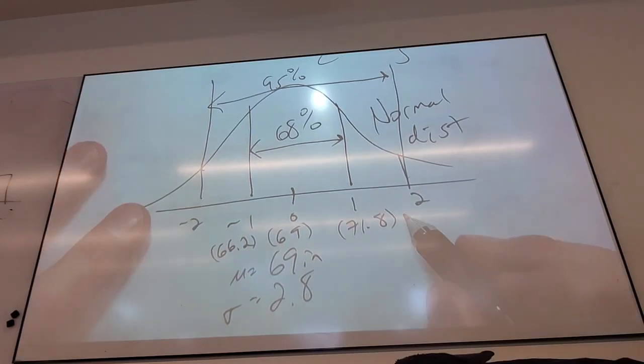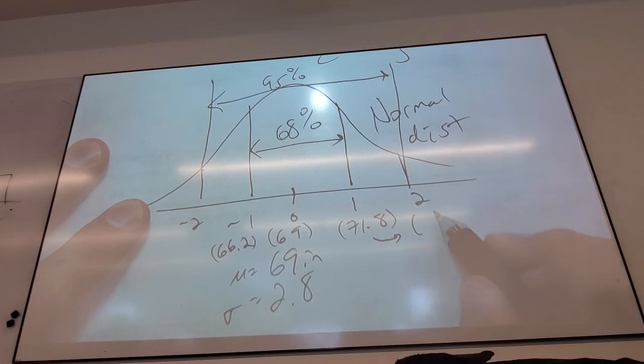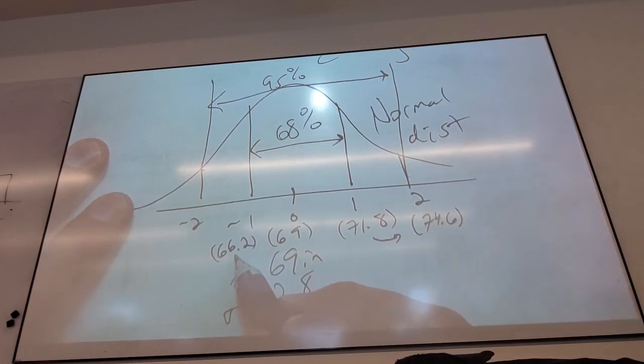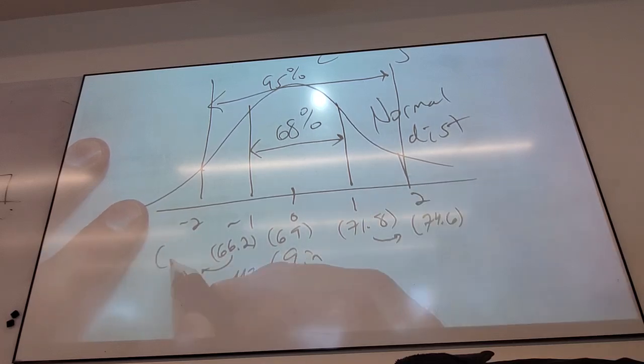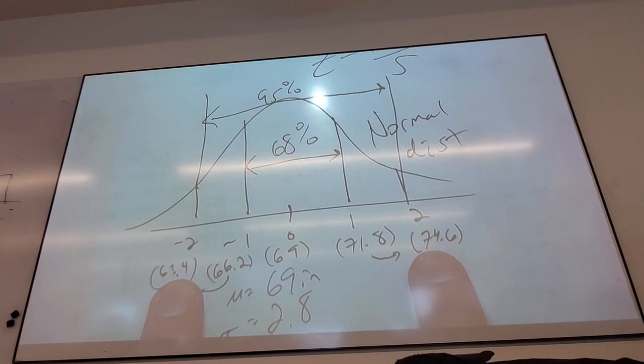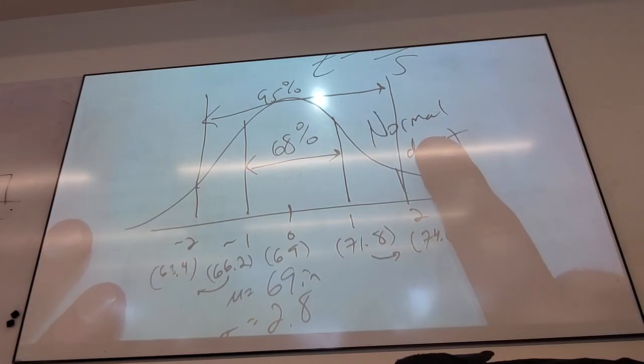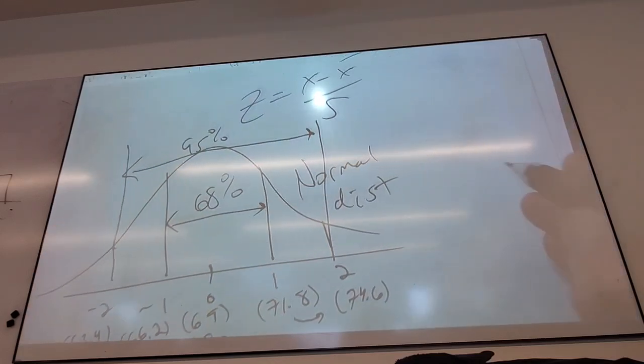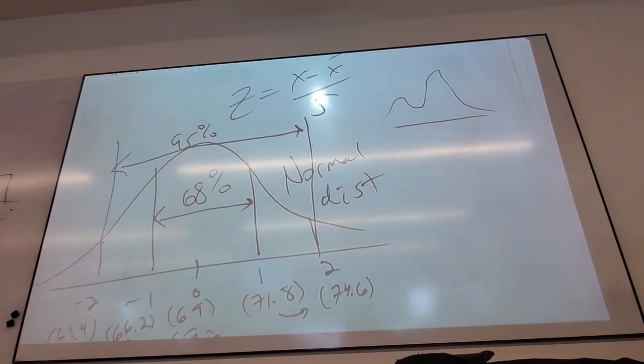So if I went 1 step up with my heights, this would go up to 74.6, and this would go down to 63.4, I believe. So 95% of American men are between 5'3" and 6'2", roughly. So 2 steps is 95, 1 step 68. Always, if it's a normal distribution. If it's not a normal distribution, I have no clue.